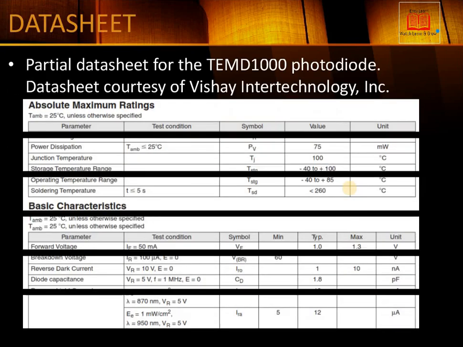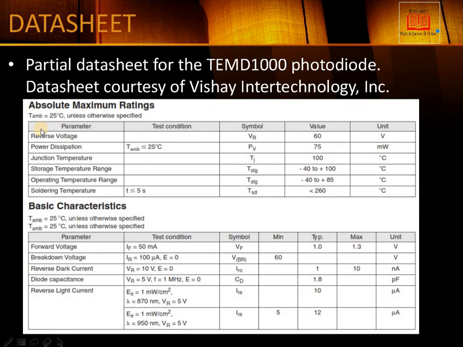So this is the diode data sheet. From here we can also see that there are different types of absolute maximum ratings available. For example, this is at 25 degrees C. Here you can see that unless otherwise specified, reverse voltage is 60 volt maximum, and power dissipation at 25 degrees C is 75 milliwatt.